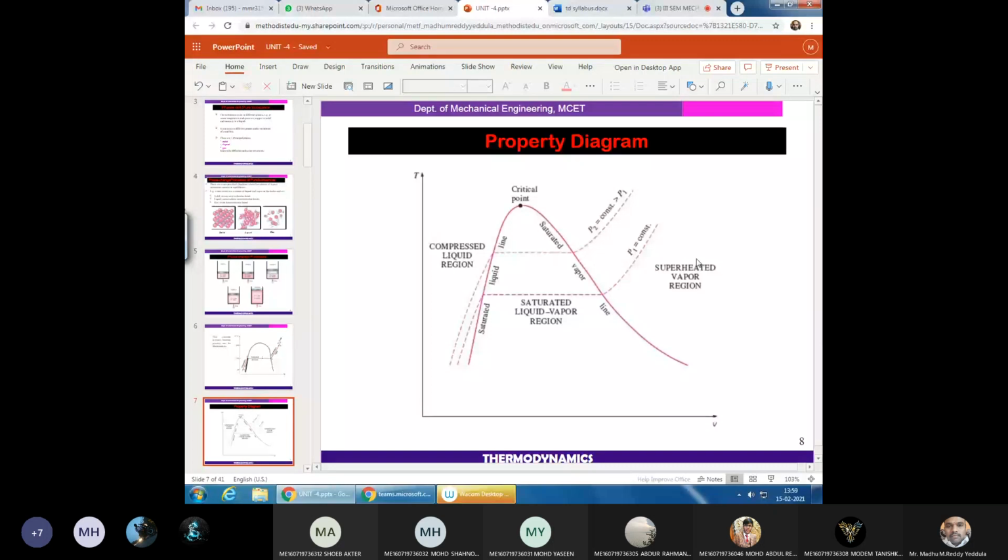And in between the liquid and vapor, it is a combination of liquid and vapor. Now it is clear. You should remember what is the saturated liquid line, what is the saturated vapor line, what is the subcooled region, what is the superheated region, and what is the combination. Okay, and below this line it is the solid. This is the solid portion. Now come to our slide.